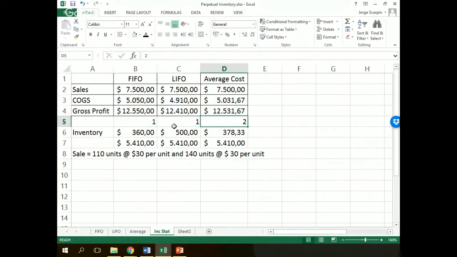Then average cost, the second one, and LIFO, the third one. So normally our average cost will be in the middle. And when our prices are decreasing, FIFO will have the greatest gross profit and LIFO will have the lowest gross profit. So that depends on the behavior of the purchase pricing.